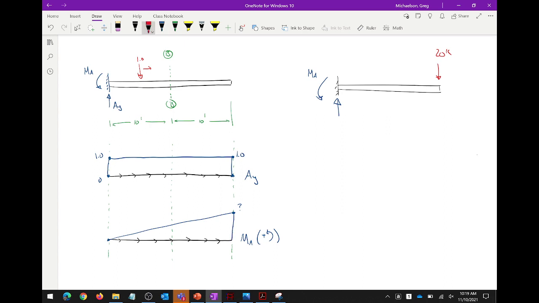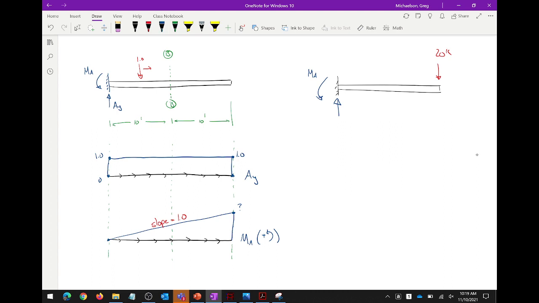How much am I rotating it? One. Now, what does that mean? What does it mean to rotate it one? It means to rotate it to such an angle that the slope is 1.